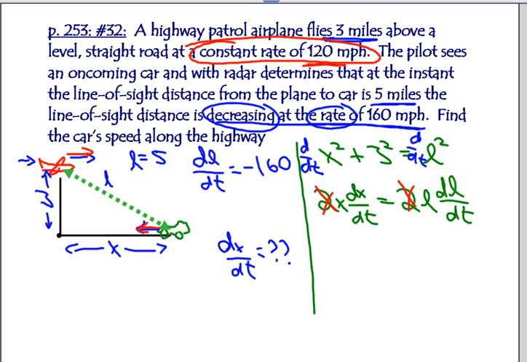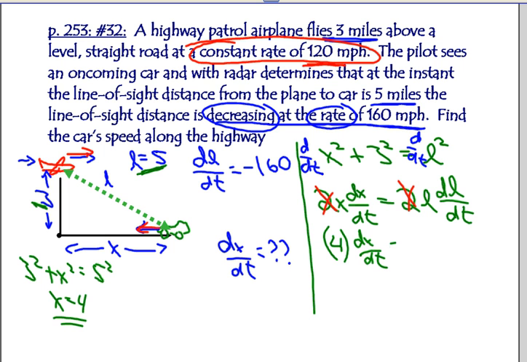And let's figure this out. How much is x? Well, we look back up here, when L was 5, and the height y was 3. So with the Pythagorean theorem, 3 squared plus x squared is 5 squared. You will recognize that as a 3, 4, 5 triangle, so x is 4. So sub in the 4. dx/dt is what we're looking for.